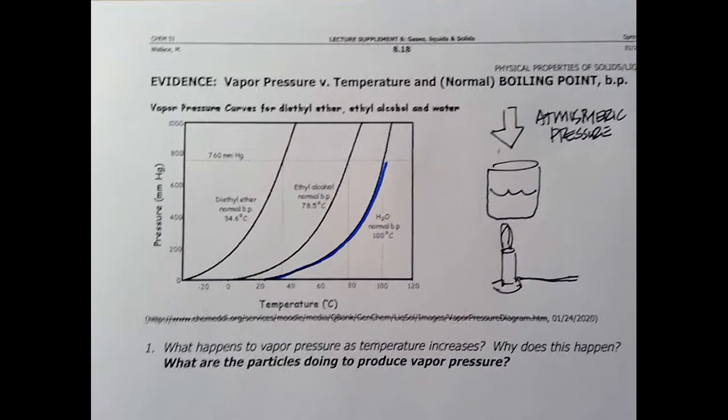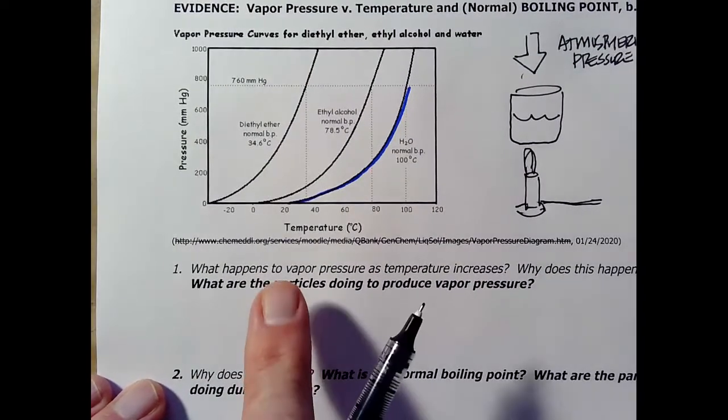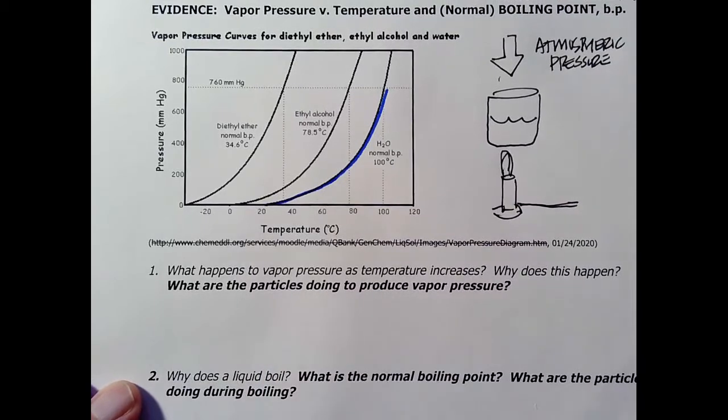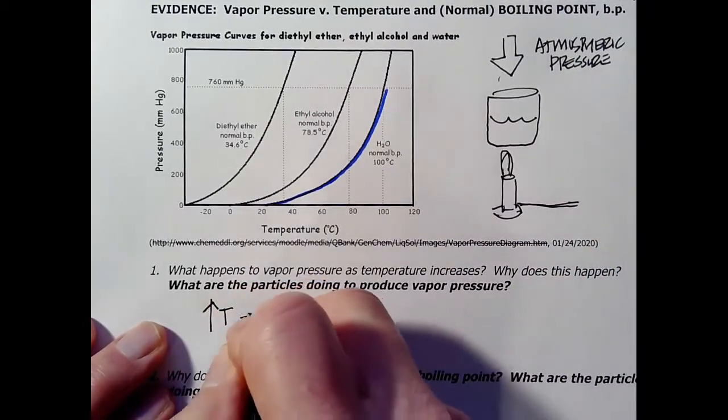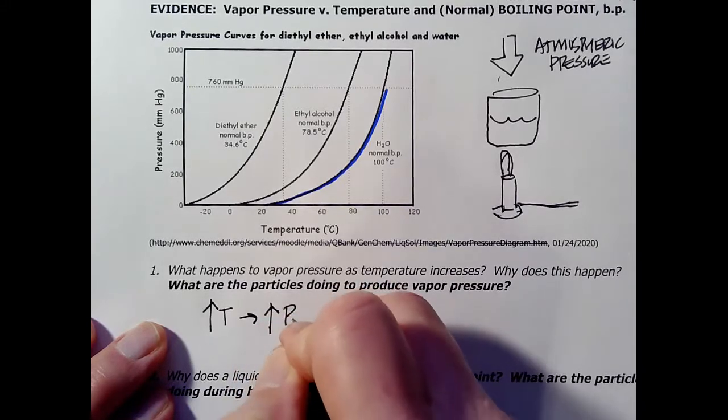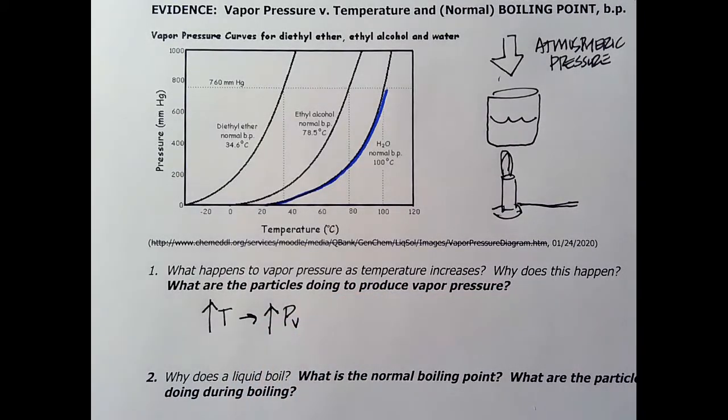Let's think about this. It says as the temperature increases, what does vapor pressure do? Well, it goes up. If you increase temperature, you get increased vapor pressure because more particles are escaping, more particles are evaporating, and they're moving faster.